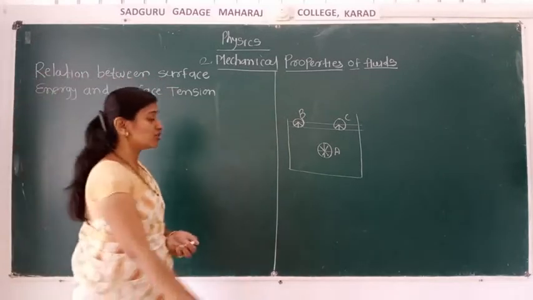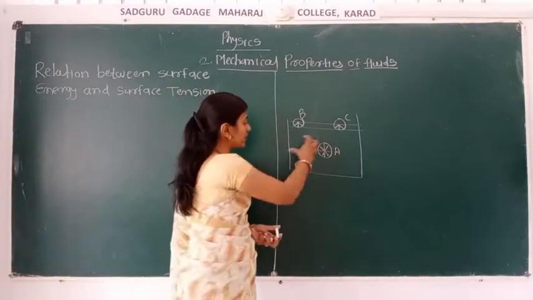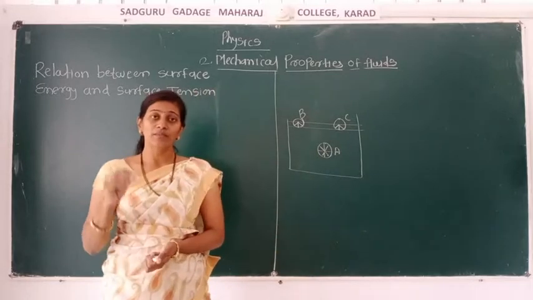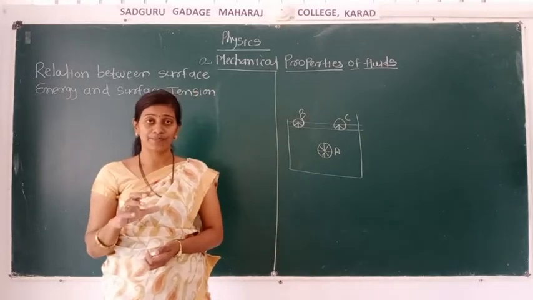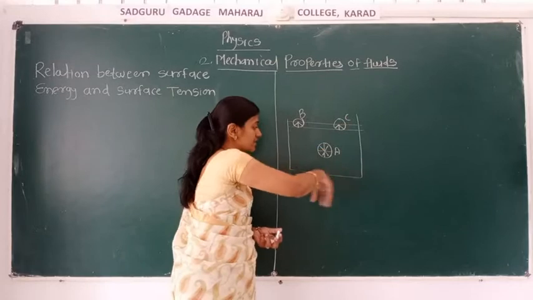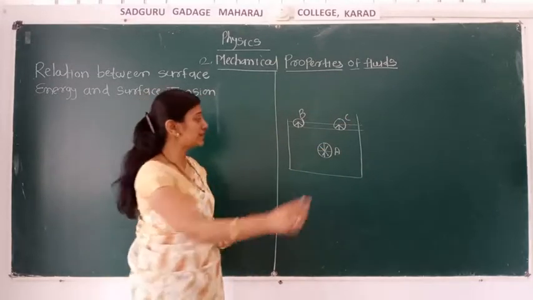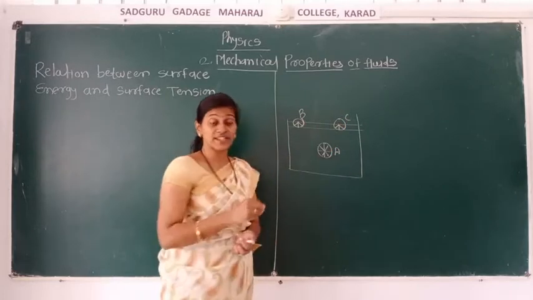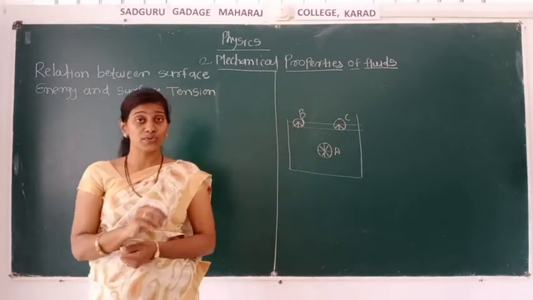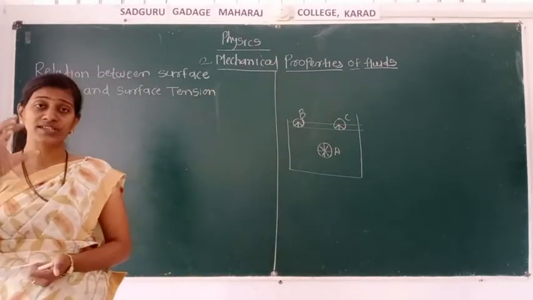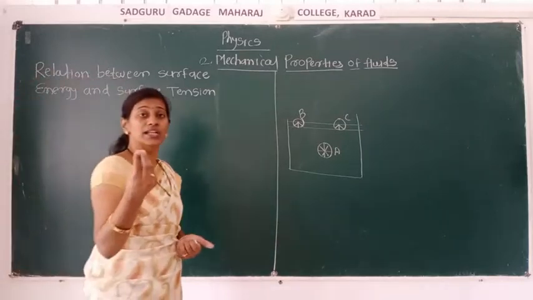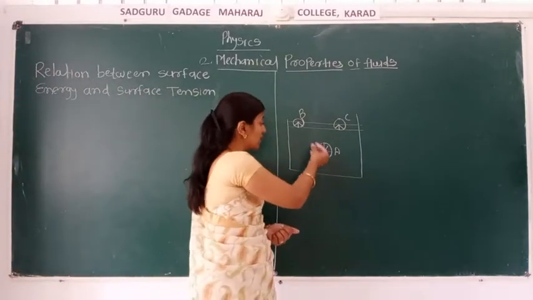The molecules which are present deeply inside the liquid have more cohesive force on them, and that cohesive force is in all directions. But the molecules present in the surface film and on the free surface also have cohesive force, but it is less compared to the molecules within the liquid.